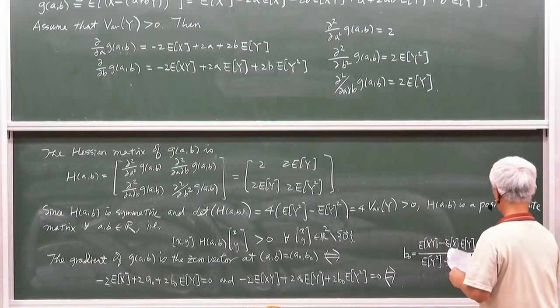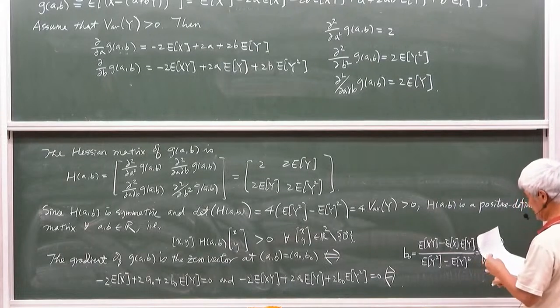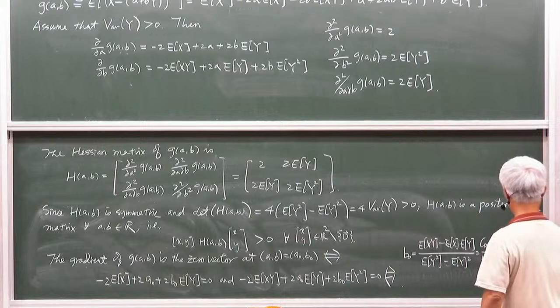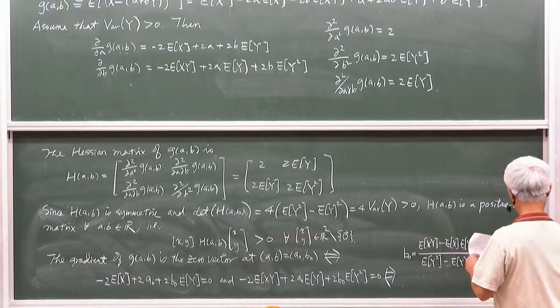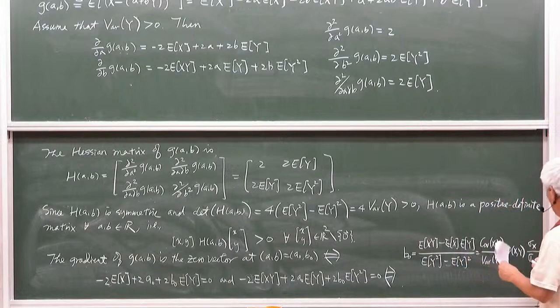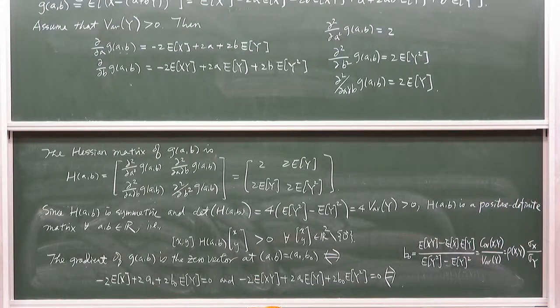of y. And so B0, if we use the correlation coefficient between x and y, right here you get the ratio between the two standard deviations here.